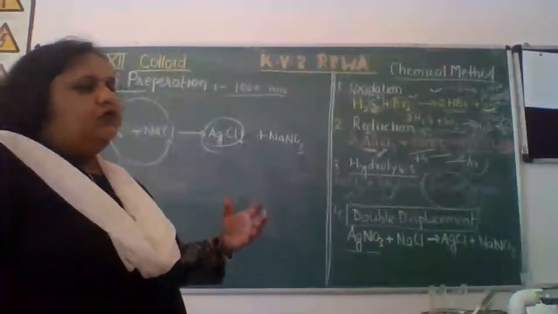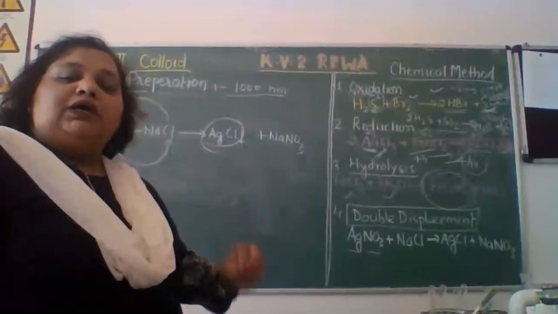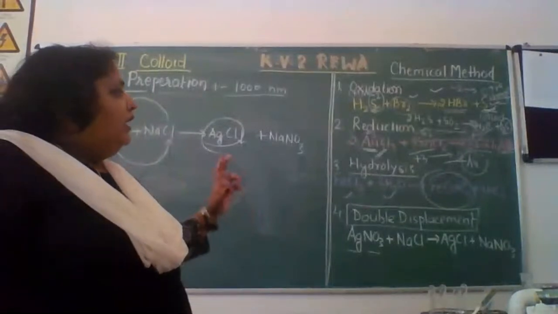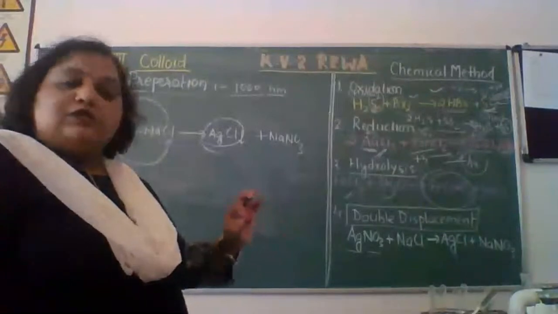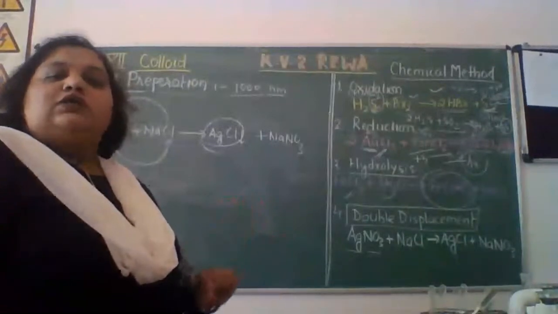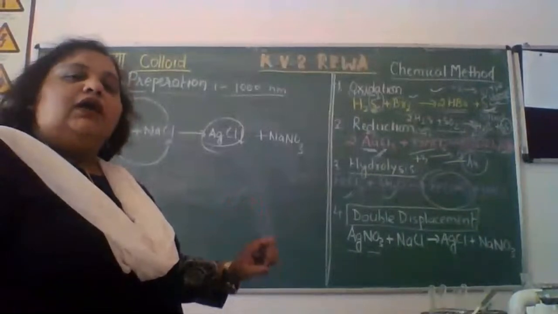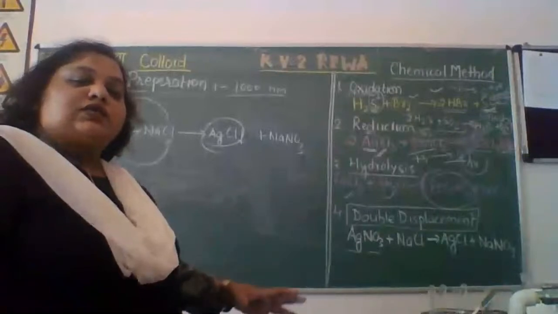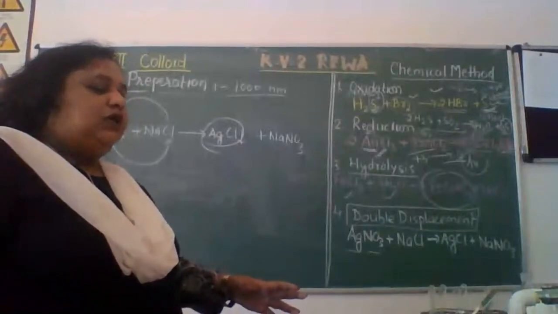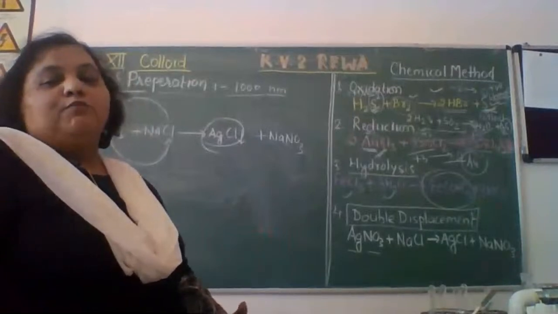I started with the terms that you are familiar with, and now I have concluded with the typical terms used. In the Bredig's arc method, applicable especially for gold, silver and platinum, metallic rods are taken and connected with the battery. This is kept in the dispersion medium, which is itself kept in an ice bath.